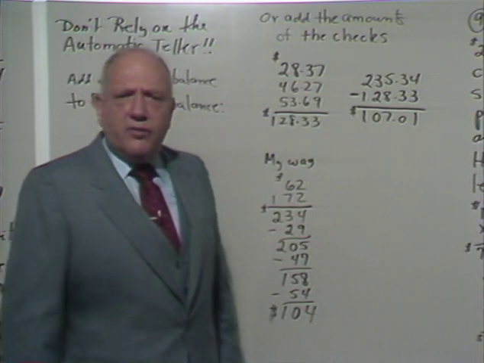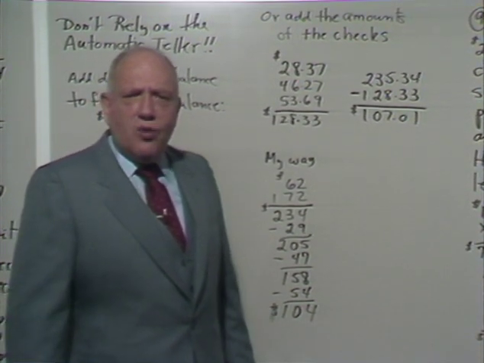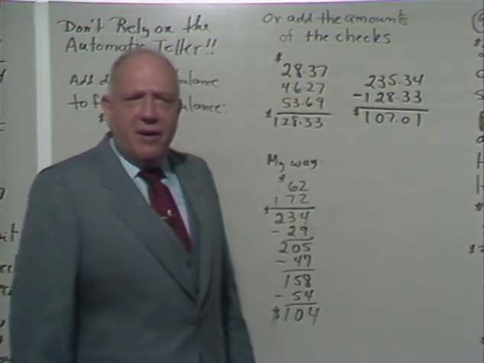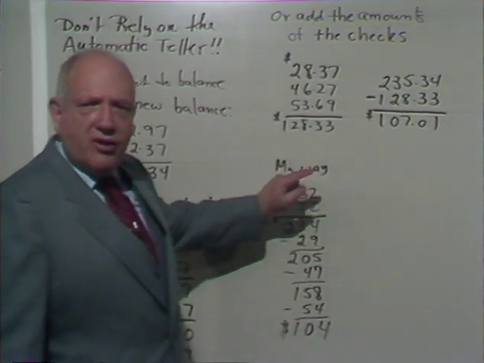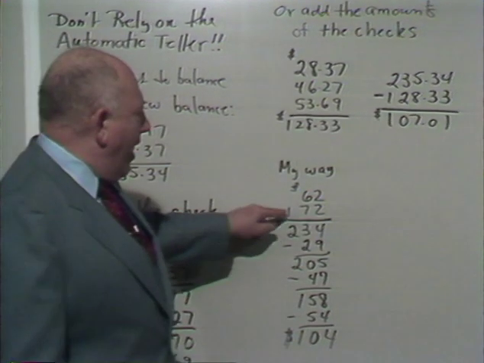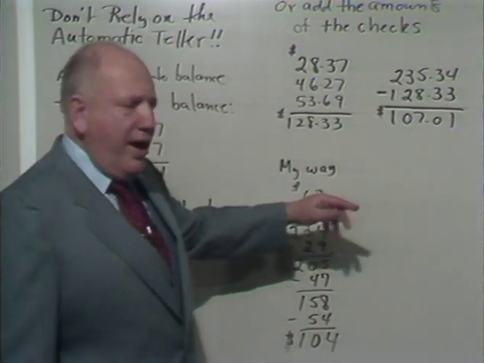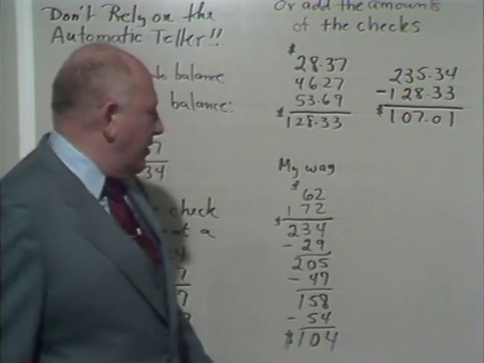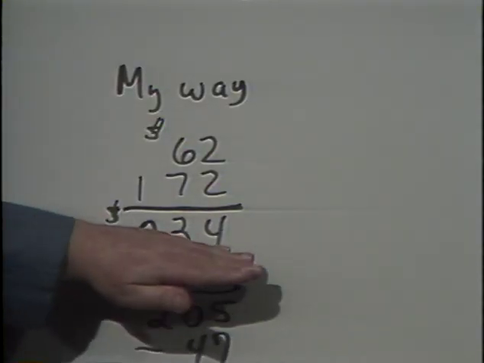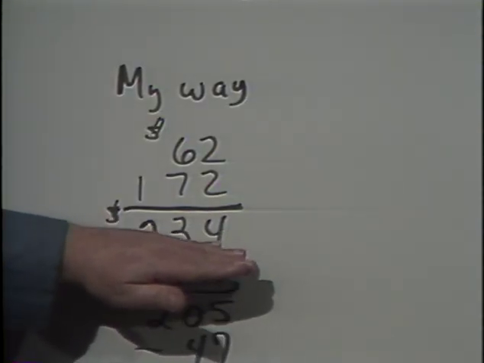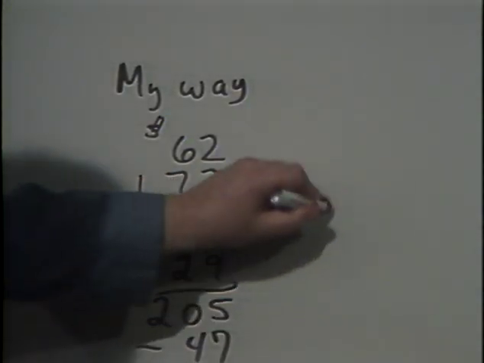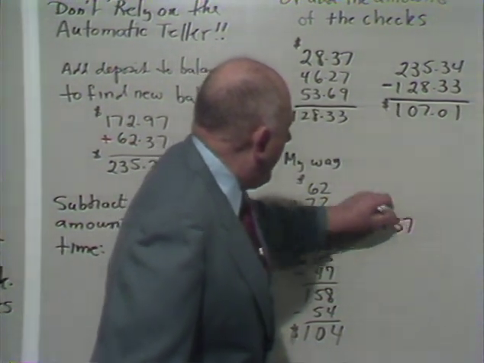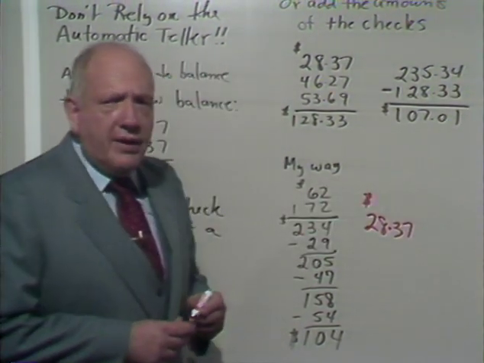I have my own little trick for saving money. It doesn't work because I know what the trick is, so I cheat. But basically what I do with my checkbook is if I have $60 in change, I pretend the change isn't in there. And if I deposit $172 plus change, I pretend it was just $172. So now when I add the thing up, I'm giving myself credit for less money than what I have. Then when I have a check for, say, $28.37, I round it up to the next dollar.